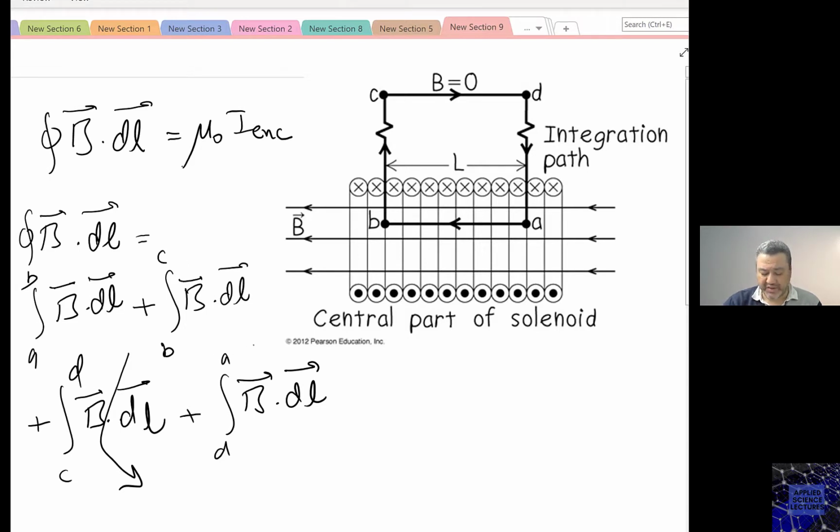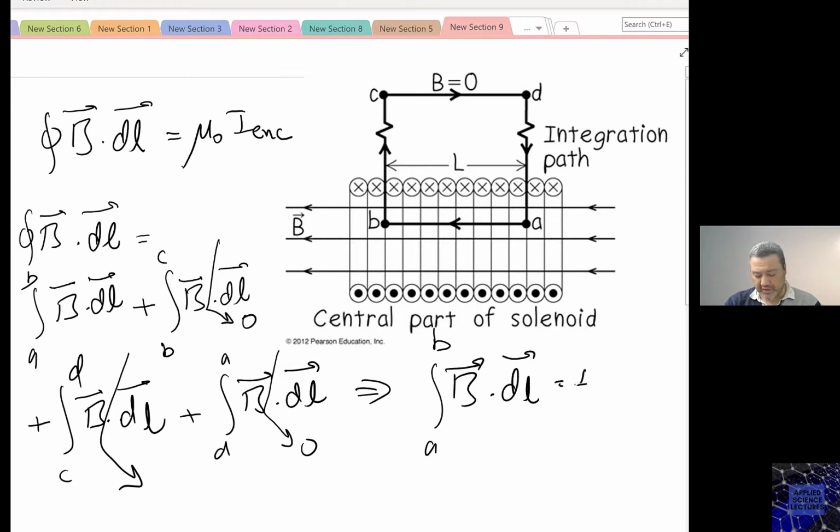So in this case, the dot product would also be zero. So this one is zero and this one is zero as well. In the case of the path along B to C, we have the magnetic field being perpendicular to the differential element, so this is going to be zero. So at the end, I will end up with the integral from A to B of the magnetic field dot dl equals I enclosed mu naught.